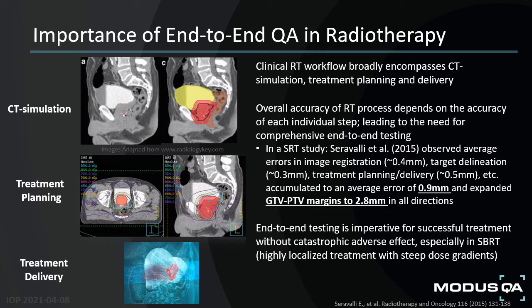And so it is actually quite understandable why special attention to the QA of SBRT protocols is especially required, and also why several regulatory bodies and committees such as the AAPM or the IAEA continuously recommend a robust end-to-end QA process for all aspects of the radiotherapy workflow be routinely implemented.